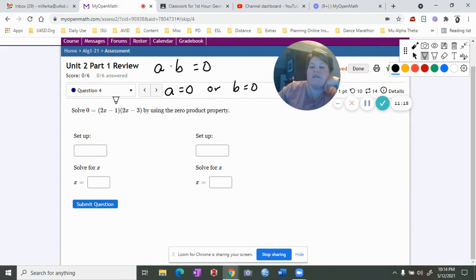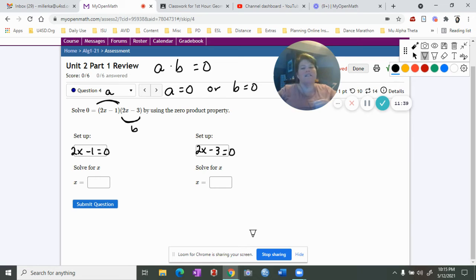So what I'm doing is I'm saying that this 2x minus 1 is my A, and this 2x minus 3 is my B. So I'm going to say that my A equals 0, or 2x minus 1 equals 0, and my B equals 0. So 2x minus 3 equals 0.